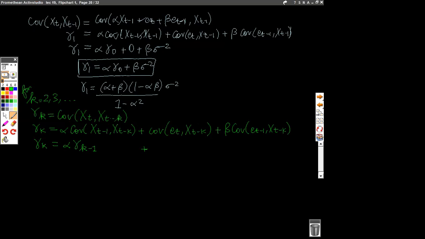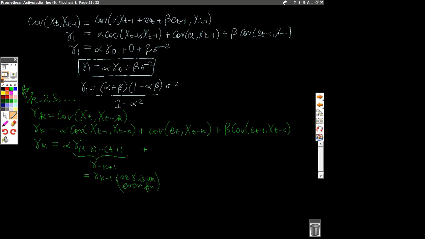This is just equal to gamma minus k plus 1, which is equal to gamma k minus 1, as this is an even function. Good. So that's clear now.